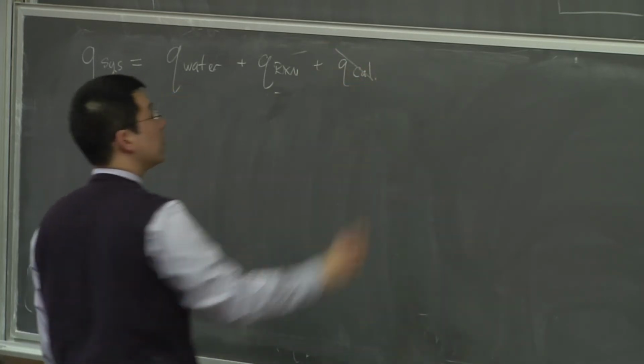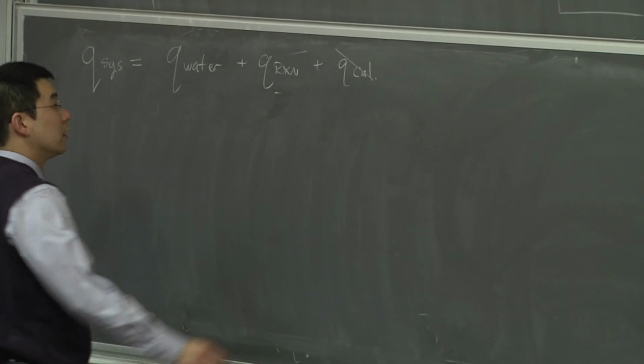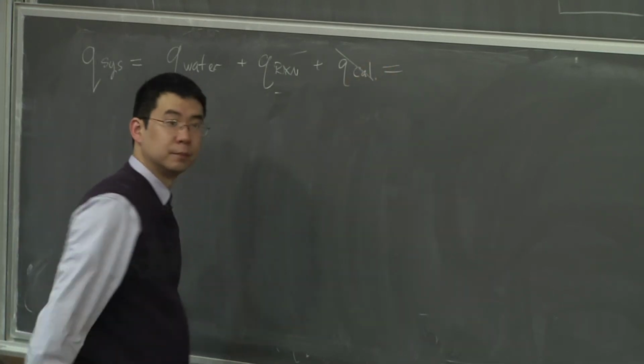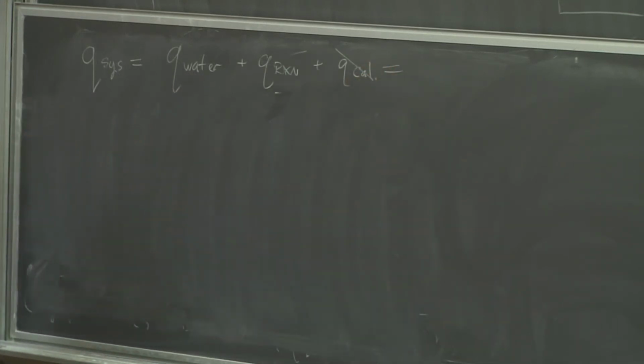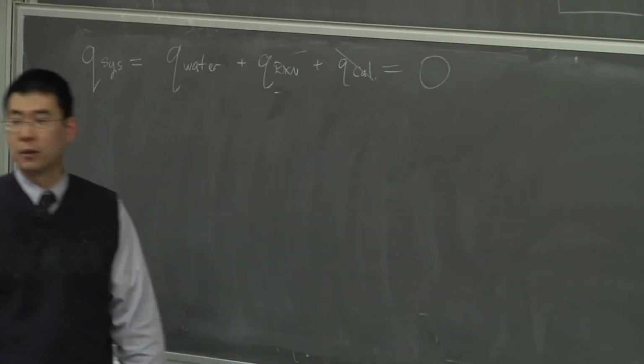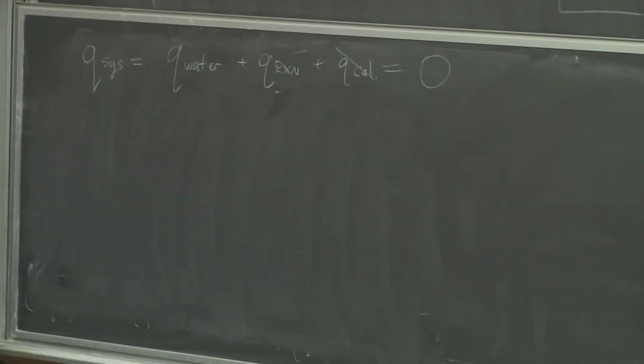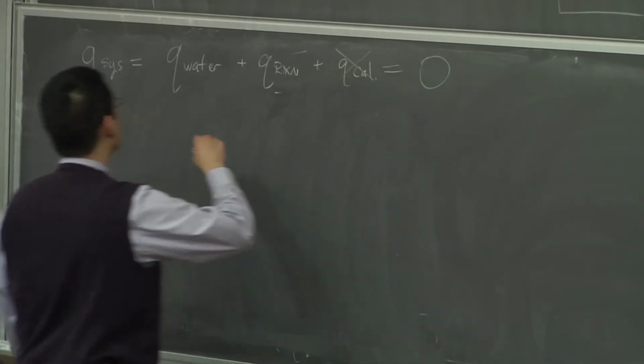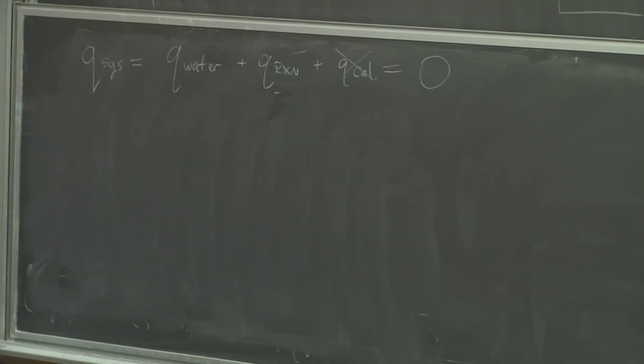And the Q of the calorimeter, we're told, is negligible. Equals what? Say it with some conviction. 0 equals 0. Why does it equal 0? Because it's a closed system. It's a coffee cup. No heat's going in, no heat's going out. So what's Q of the water?